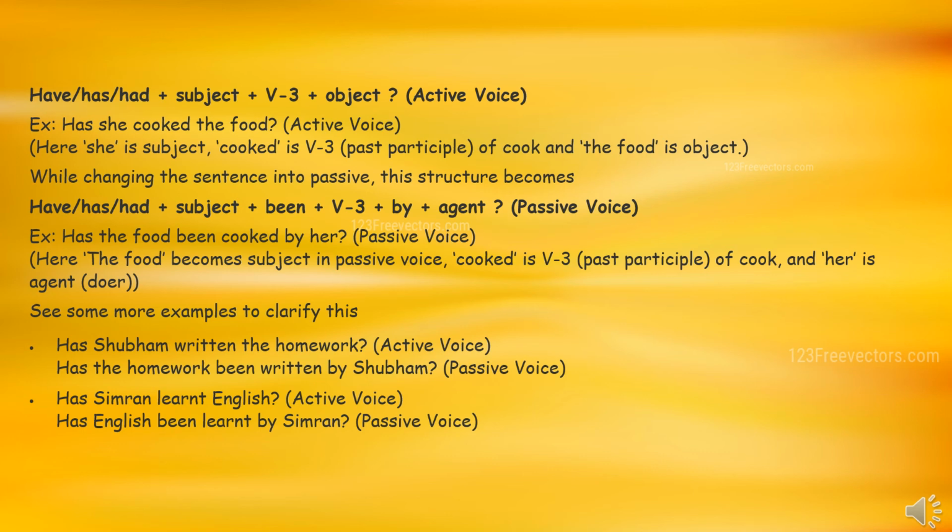While changing this into passive voice, the structure should be has, have, or had, followed by the subject plus been, and then the third form of the verb, followed by by and the agent. Example, has the food been cooked by her becomes in the passive voice. Here, the food becomes subject in passive voice, cooked is the past participle of cook, and her is agent.